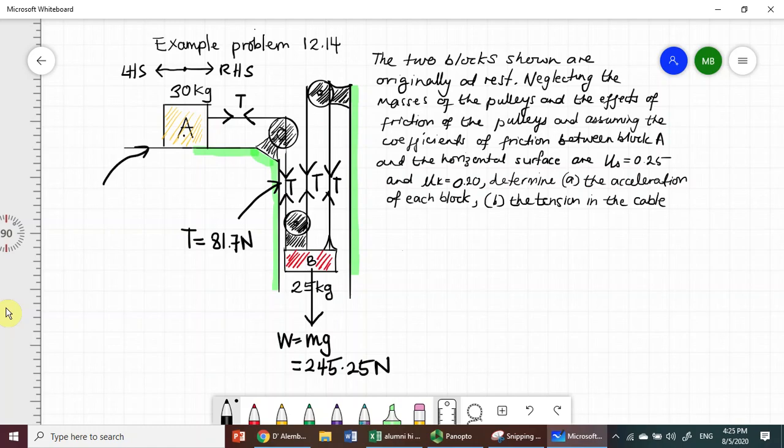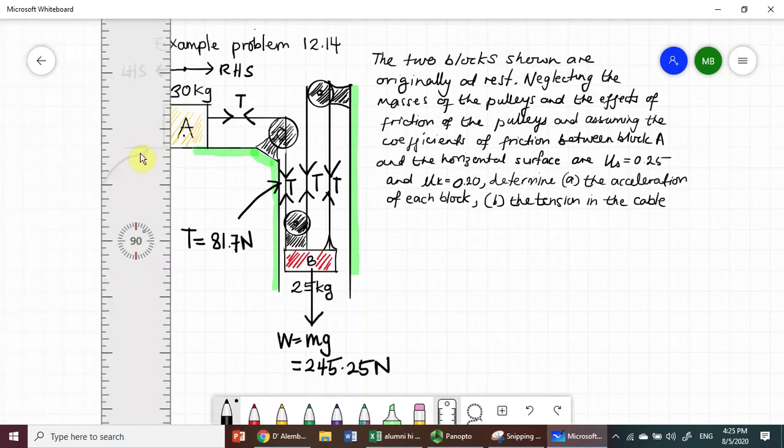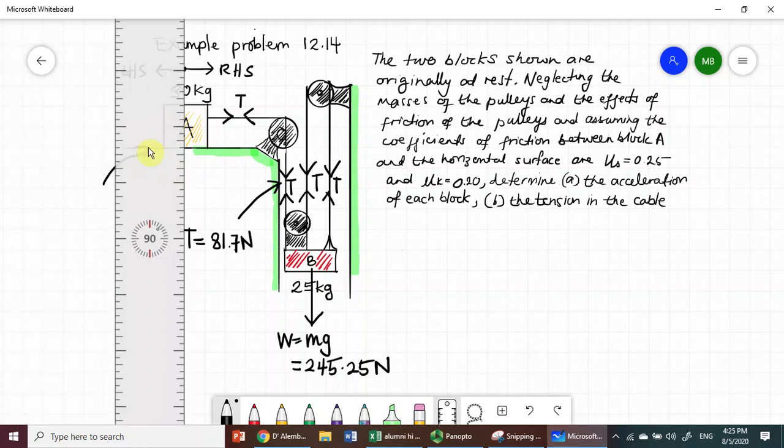Let's put in the weight for block A first.